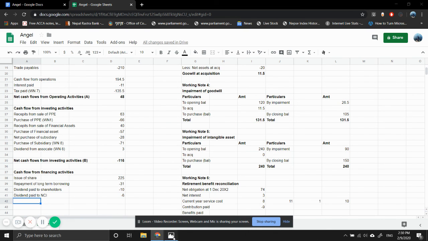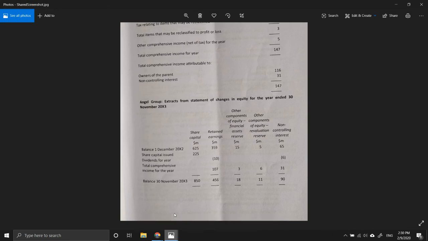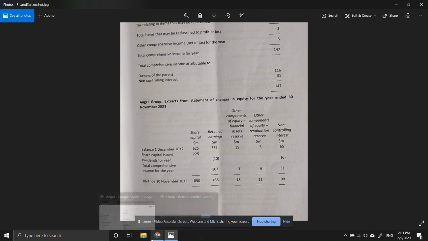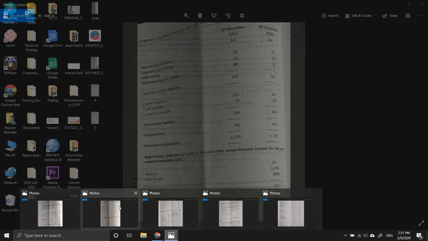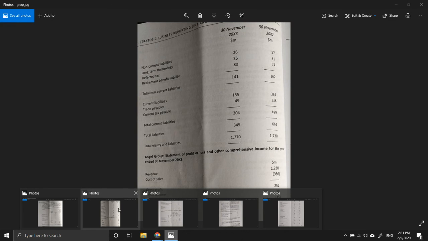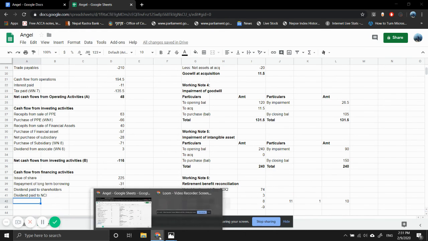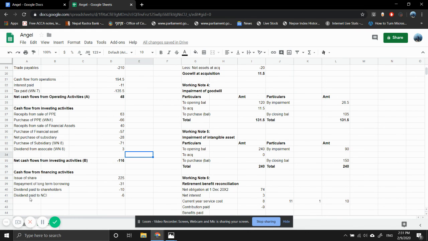Minus 6, that's the outflow from the company. Anything else? Nothing else, I guess. Any lease payment? No lease, I guess. There is nothing about lease. Lease liability is not there. Okay.